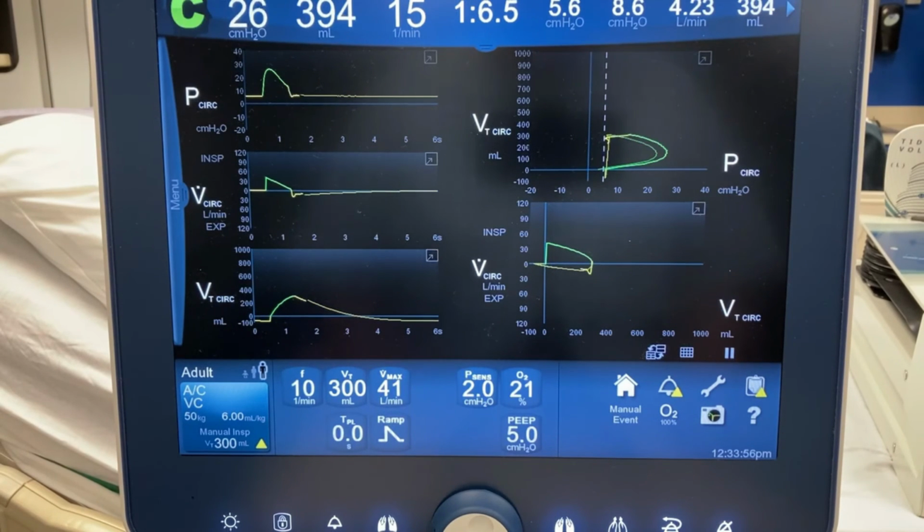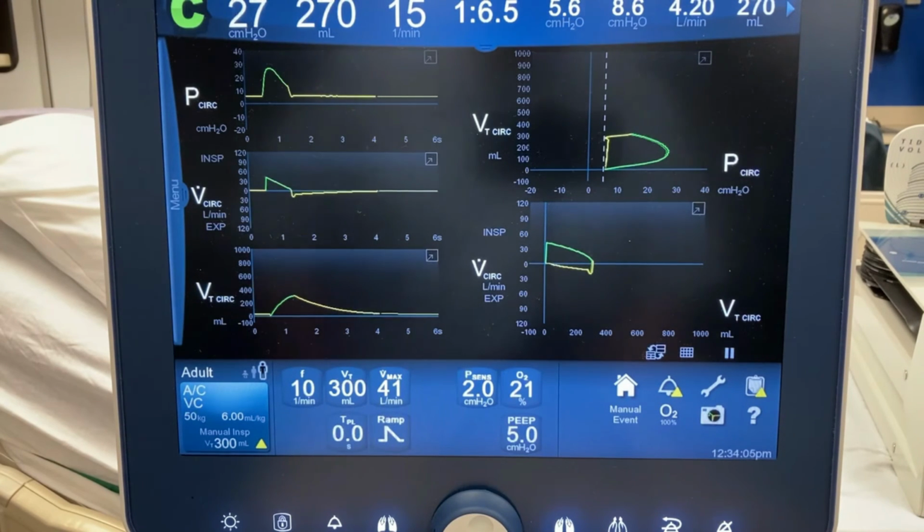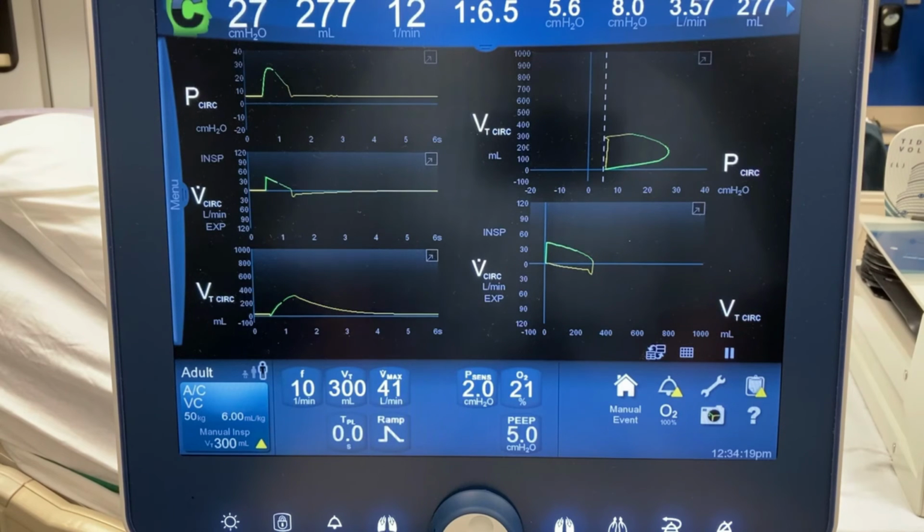The alarm that you'll get if somebody is air hungry is they'll get a low pressure alarm without a low exhaled tidal volume alarm. Historically, back before patients could override the flow and pull as much as they want, I used to get calls like this. Patient wakes up, they get scared, they start pulling hard, and the call that I would get is, I'm getting a low pressure alarm, but the low exhaled tidal volume alarm is not going off.